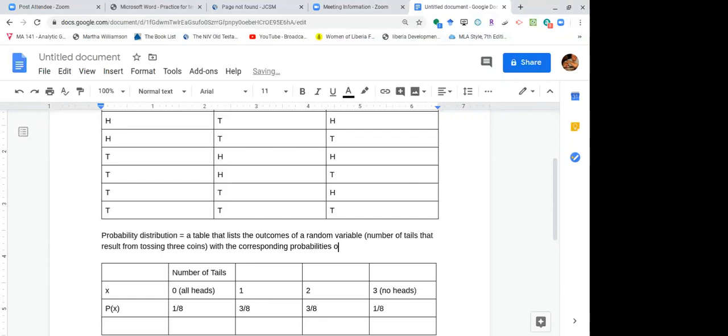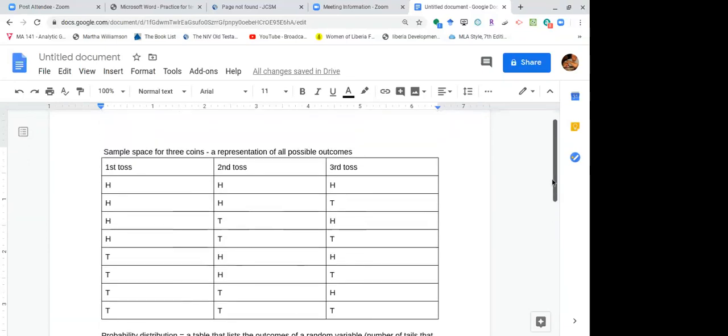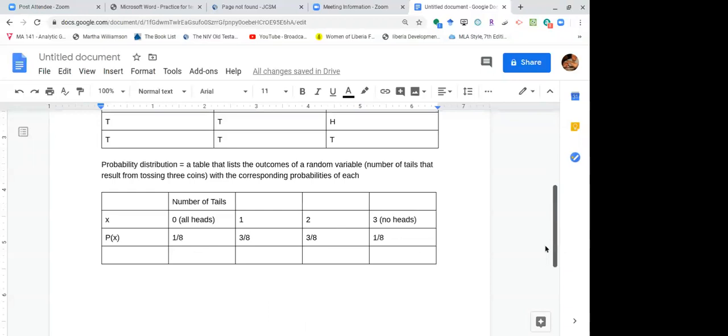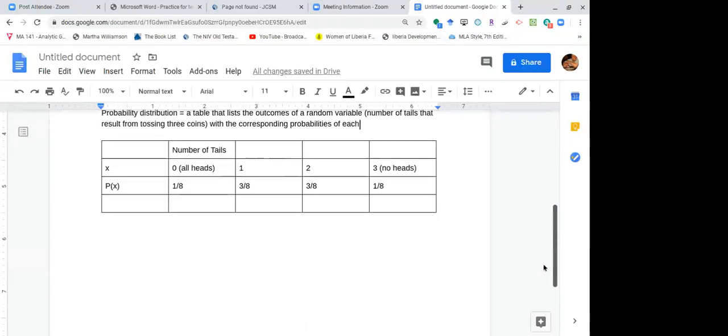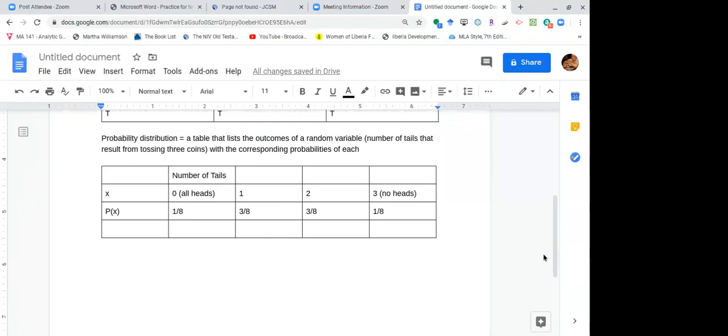of each. So you understand the difference between a sample case and a probability distribution? It doesn't have to be this. Sometimes they'll give you the probability distribution for, say, the number of candies in a bag.